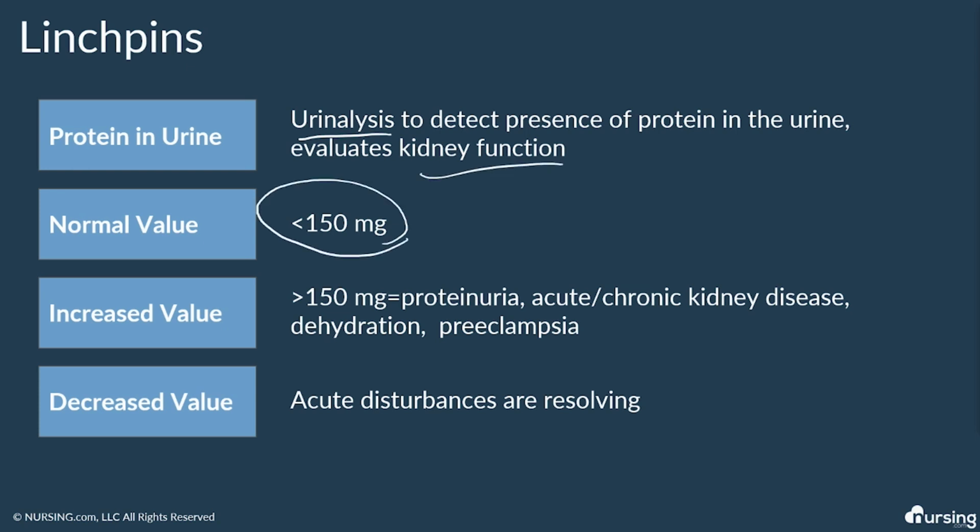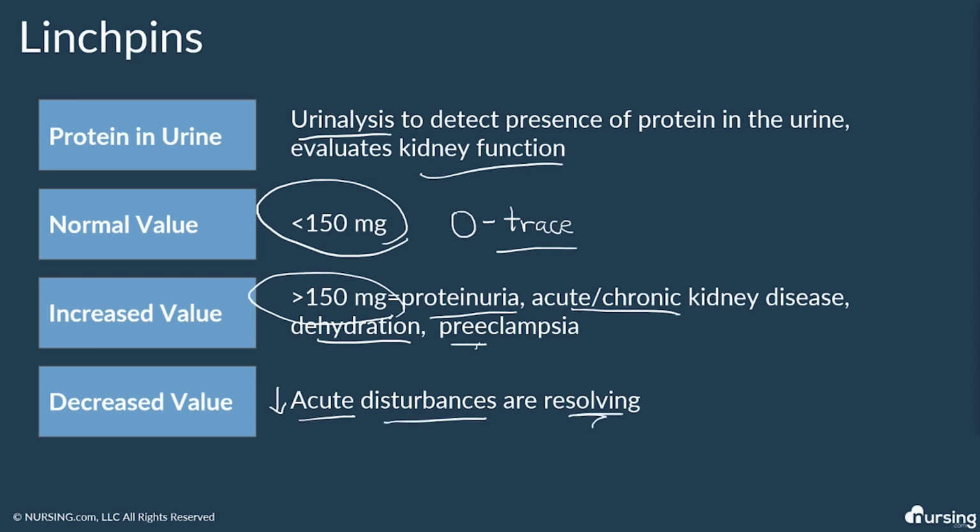Anything less than 150 milligrams is normal, but truly 0 to trace is what we're looking at. Anything greater than 150 milligrams is proteinuria and can indicate acute or chronic kidney disease, dehydration, and don't forget, preeclampsia. If the value is decreased, which is what we're going for, that could mean that an acute disturbance is resolving.